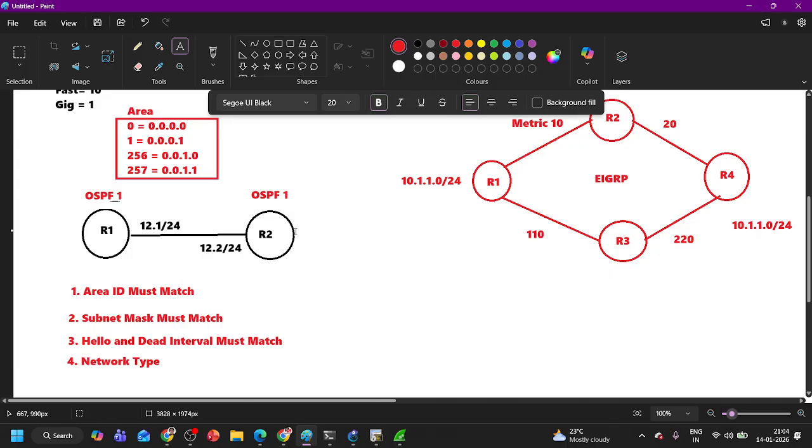Suppose I am defining area 300, then how do I convert it into the IP format? What is the calculation behind it? Area 0 means 0.0.0.0, area 1 means 0.0.0.1, and area 256 means? You know this? How is it 256? No, sir. This is my question actually.